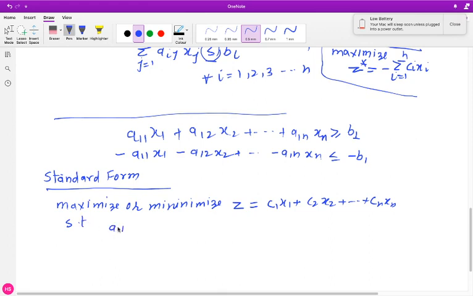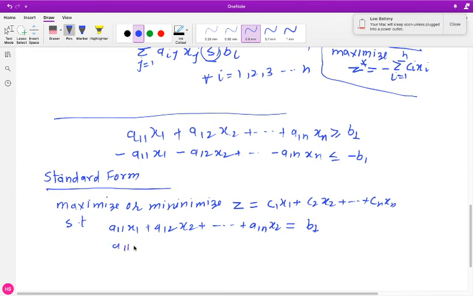a11 x1 plus a12 x2 plus a1n xn is equal to b1.